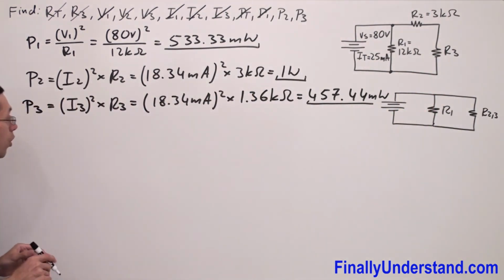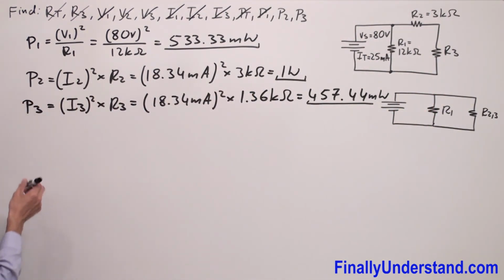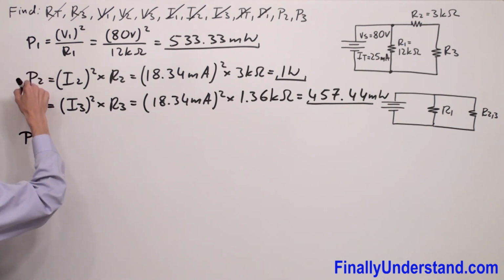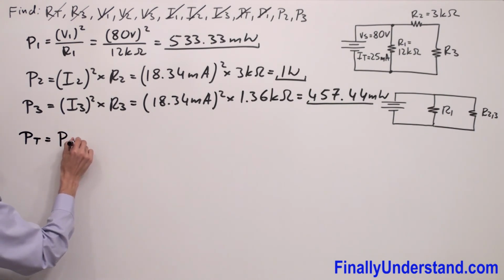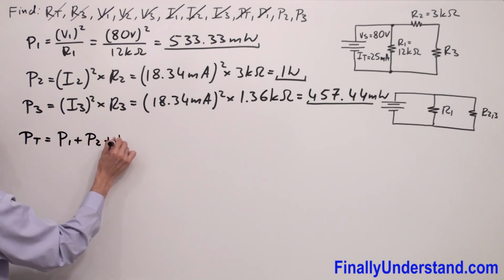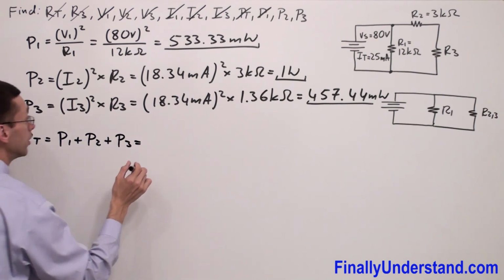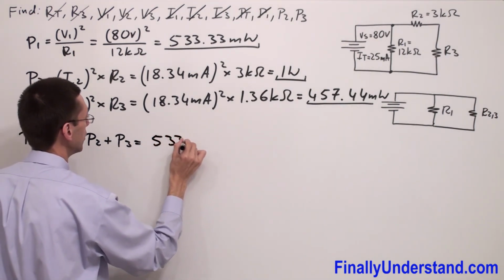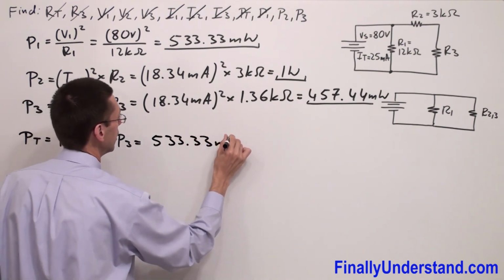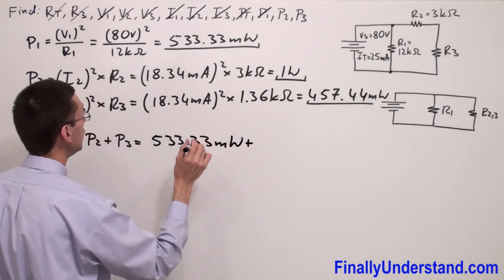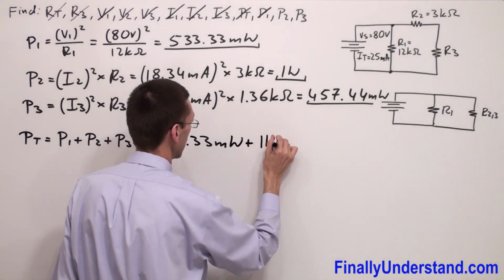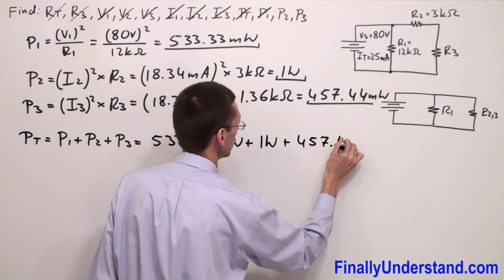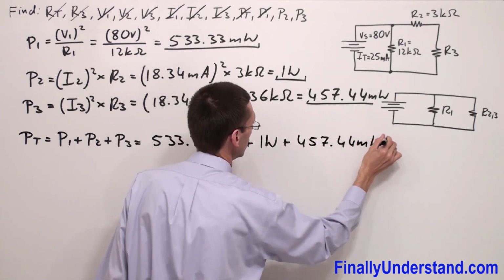Next, it's always good to verify if answers are correct. So we can write that P total is the sum of all these powers. So P1 plus P2 plus P3. P1 we found is equal to 533.33 milliwatts plus P2, 1 watt, plus P3, 457.44 milliwatts.